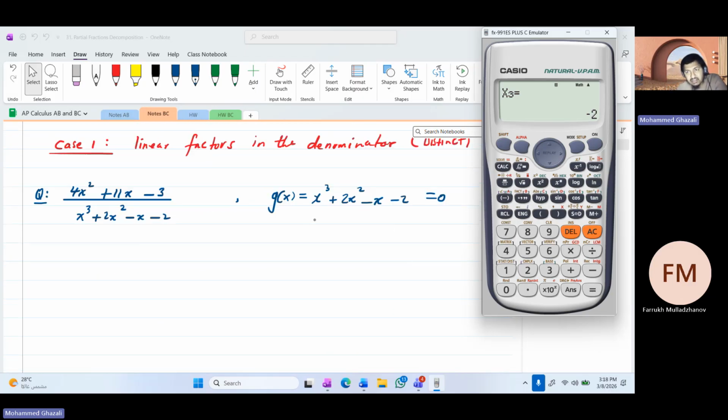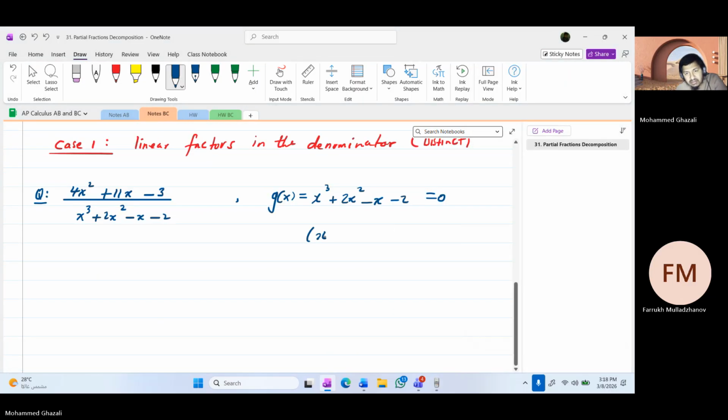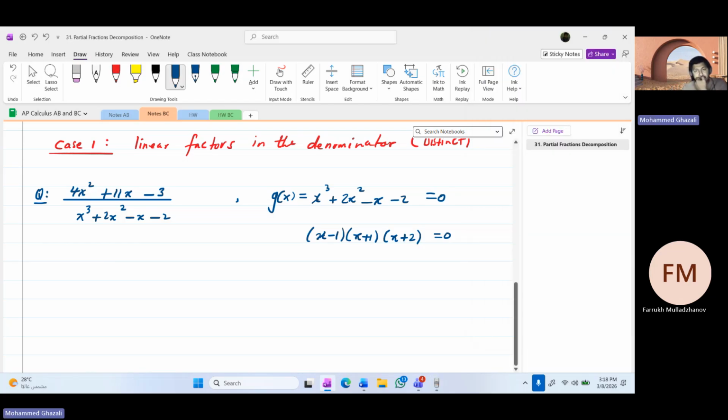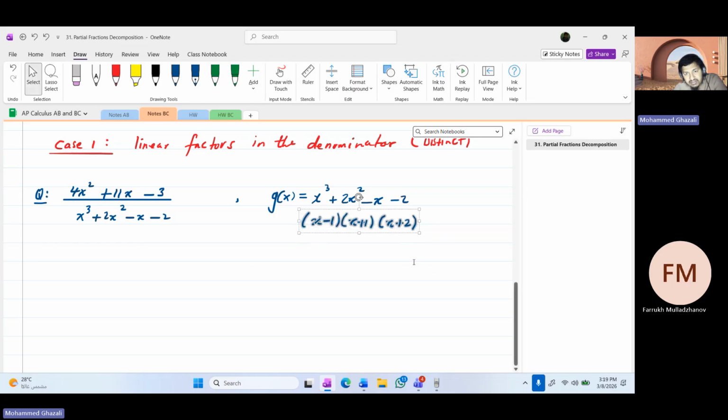So basically you're factoring this out, you're getting x minus 1, x plus 1, and x plus 2. Right, so not really setting it equal to 0. We will set it equal to 0 later, right? So these are my factors from here.